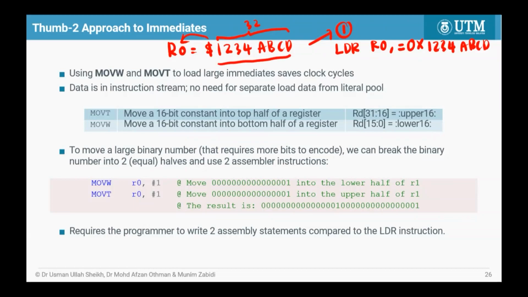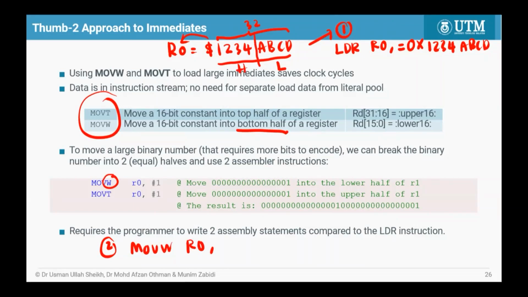The second solution, you can use these instructions to put this 32-bit value to R0. How to do that? First, MOVW R0. Since MOVW is for the bottom half, you need to take the 16 bits of the bottom half. This is the lower half, and this is the higher, the top half.